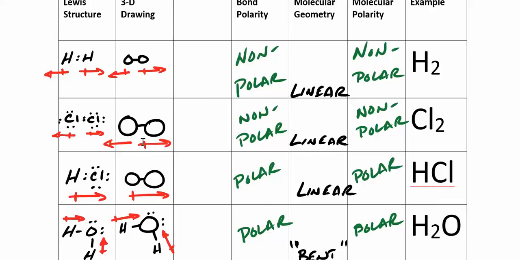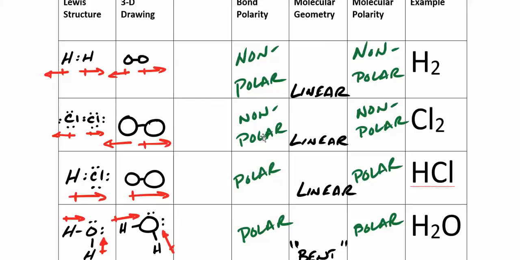We'll draw the 3D structure as two larger spheres like this and like this with the electronegativity arrows pointing in the opposite direction. I don't know what the electronegativity of chlorine is, but I do know whatever it is on this side, it's identical on this side. And so that's going to cause me to determine that the bond polarity between the two chlorine atoms would be nonpolar.